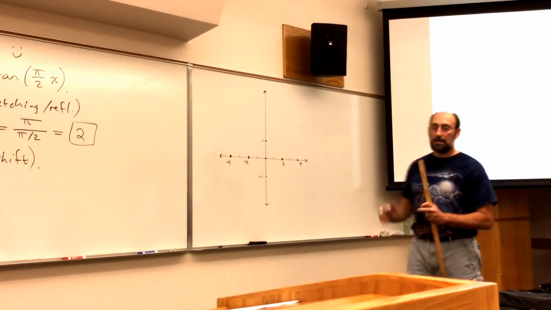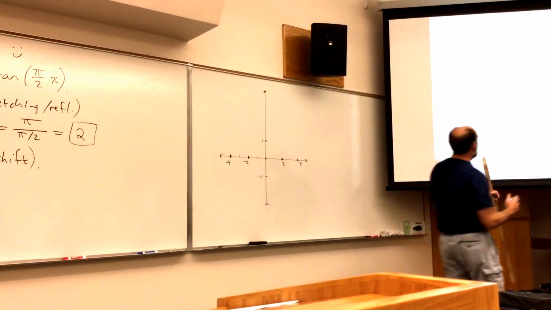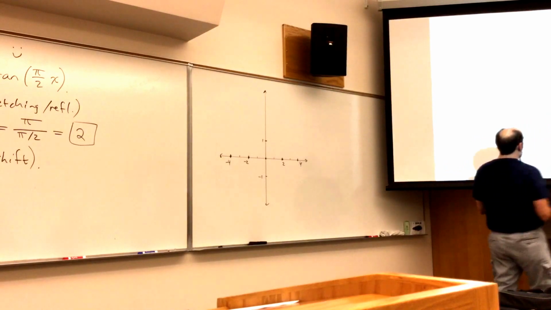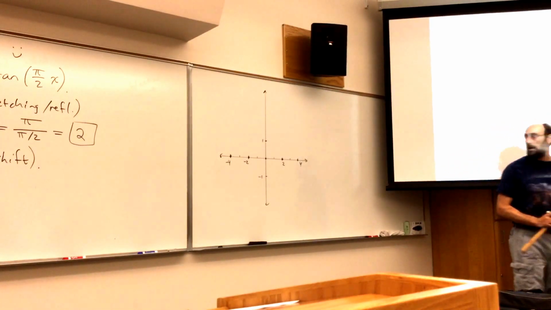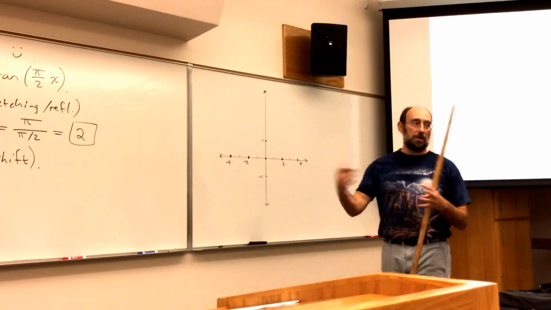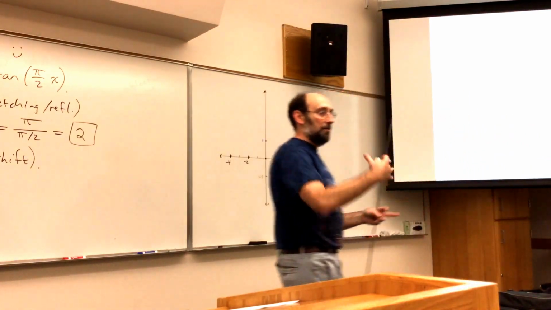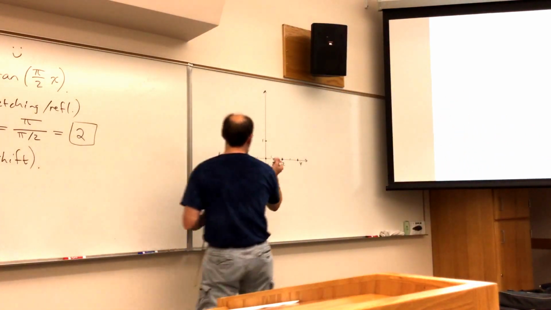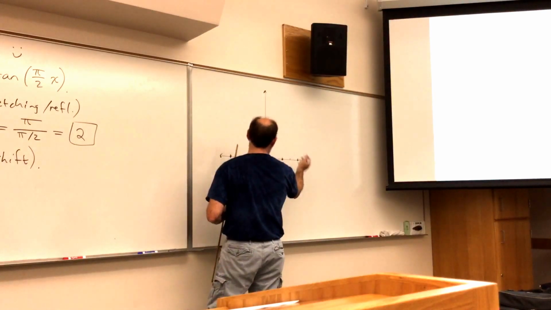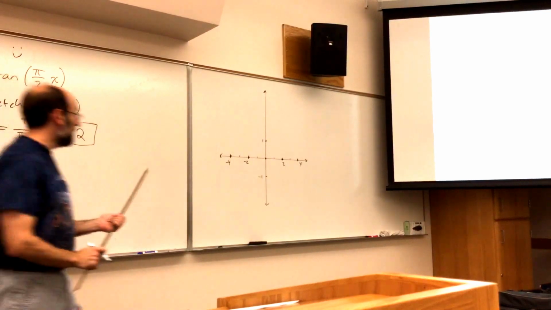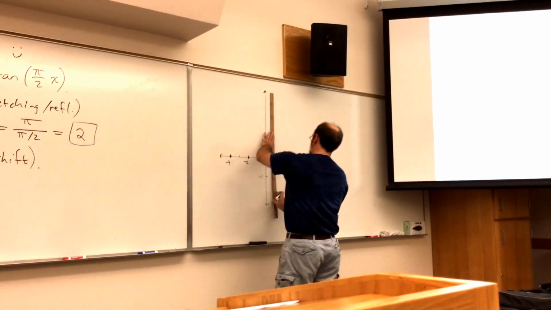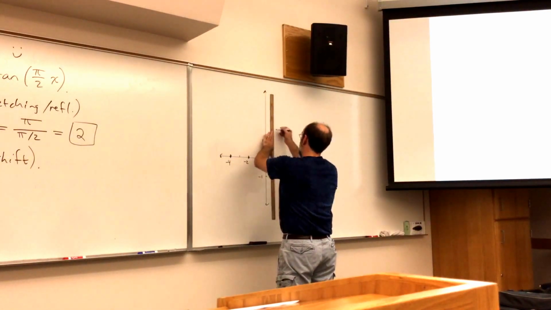Then for my vertical asymptotes, the distance between them is also 1 period, and they occur every half period. So pi over 2, 3 pi over 2, etc. A half period is going to be 1. I think I misspoke earlier about the vertical asymptotes. They're going to be at -1, 1, 3, 5, -3, and so on. They're going to be at odd integers.